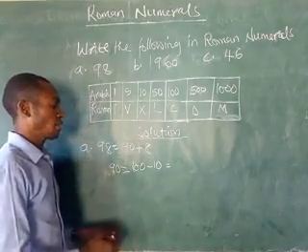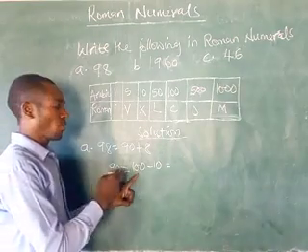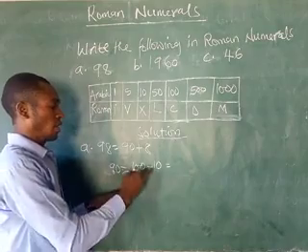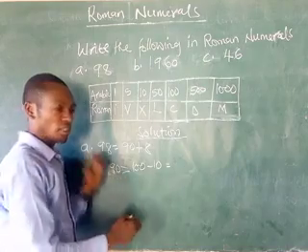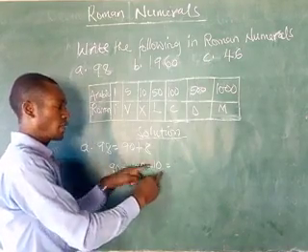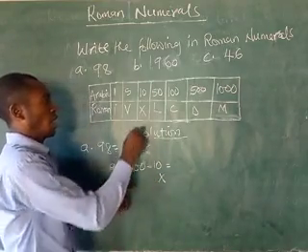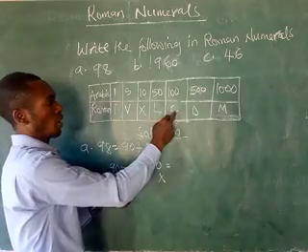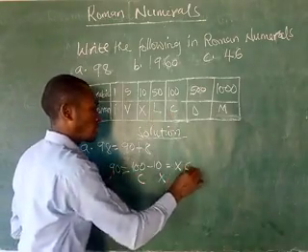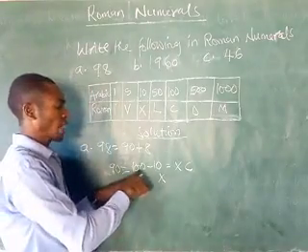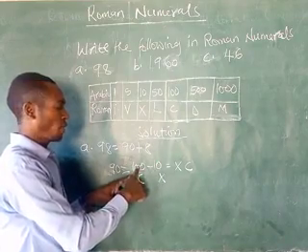So if I have 100 minus 10 to give me 90, I cannot write 100 first before 10. What will come first has to be 10. And 10 in Roman numerals is X, and 100 in Roman numerals is C. So 90 becomes XC because I subtracted. The smaller numeral has to come before the bigger numeral.